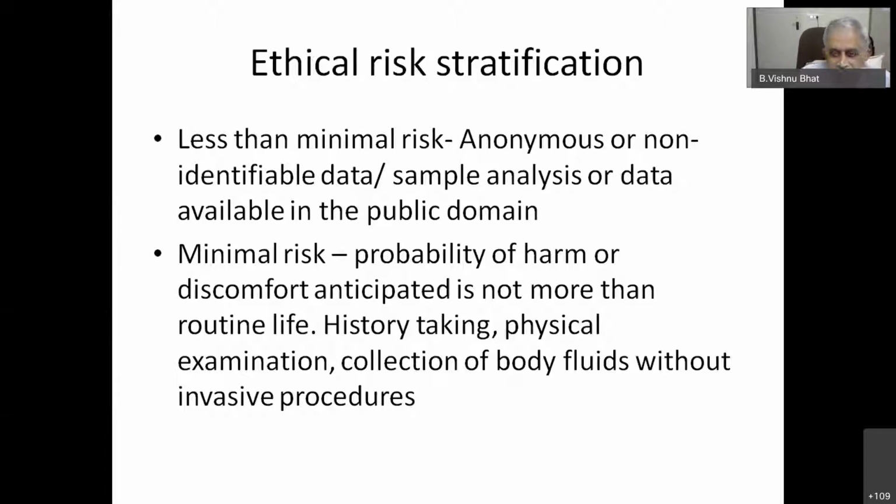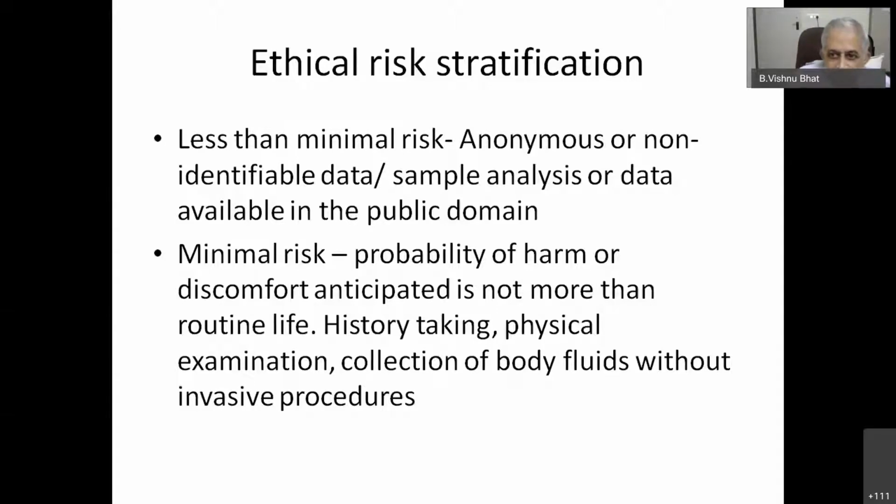Now, some of the studies are considered less than minimal risk. Here, you can ask for a waiver of consent from the ethics committee. So you cannot do research even on retrospective data without ethics committee clearance. You have to submit to the ethics committee and tell why you need a waiver of consent, and the ethics committee will discuss and approve.